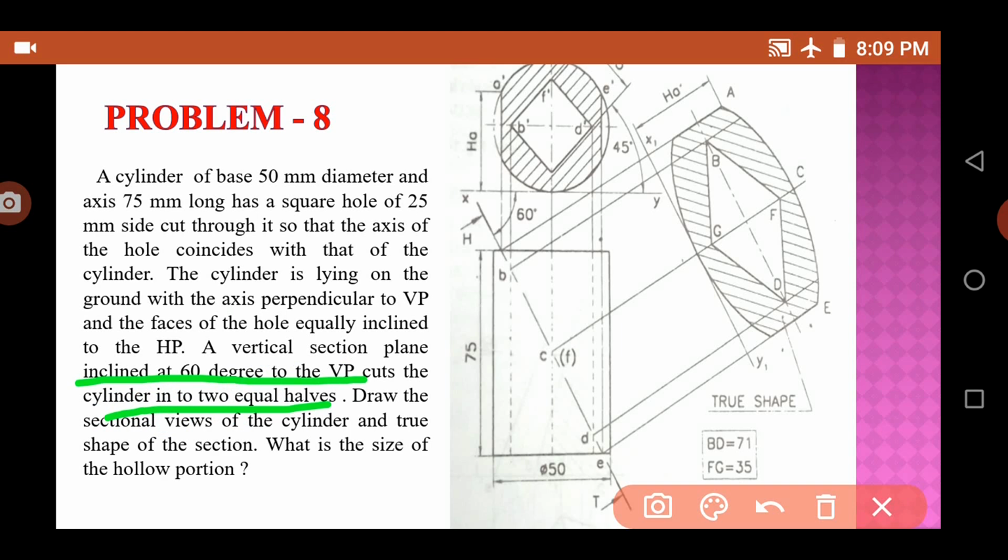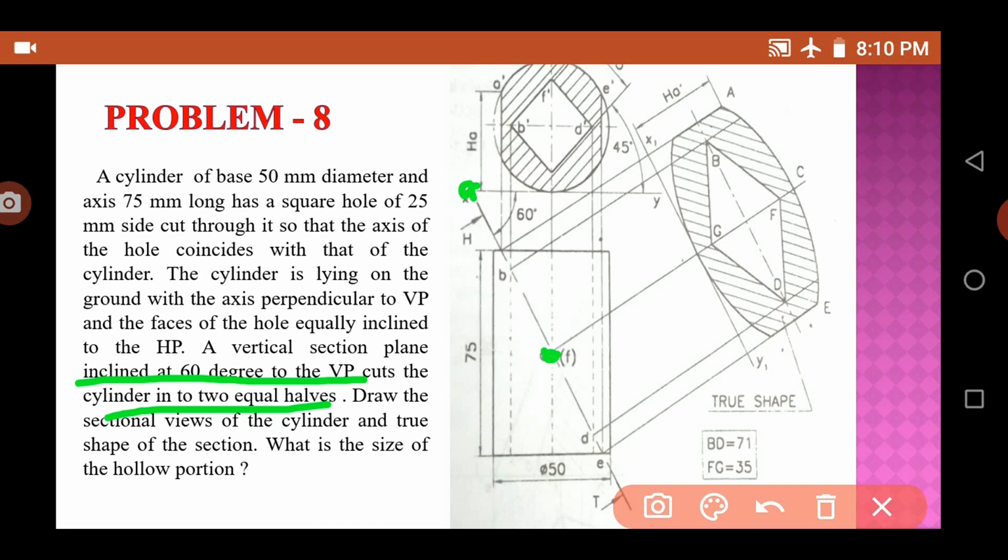When it cuts into two equal halves, one point is in the bisector and the other point is in the VP, because that's the only way it cuts into two equal halves.